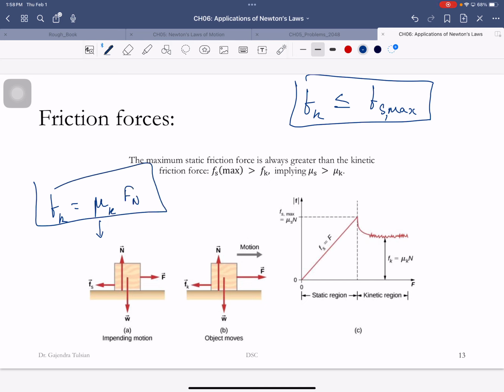In this diagram, there's the normal force. So the kinetic friction force is equal to mu k times the normal force. Mu k depends on what two surfaces are in contact, and that is a measure of the stickiness of the surfaces.